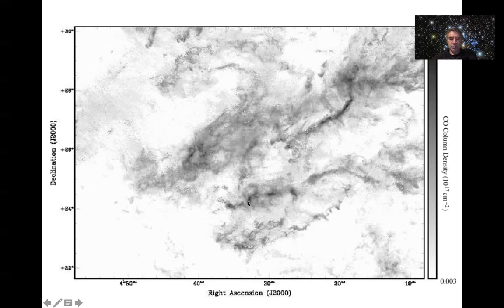Similarly here, if you've got something that looks a bit more spherical or circular on the column density map, you might assume it's a sphere and it has the same radius in all directions. So you could, again, do the same thing. But again, you'd only be working out the average density in that volume. It's probably more dense in the middle than it is around the outside, that kind of thing.